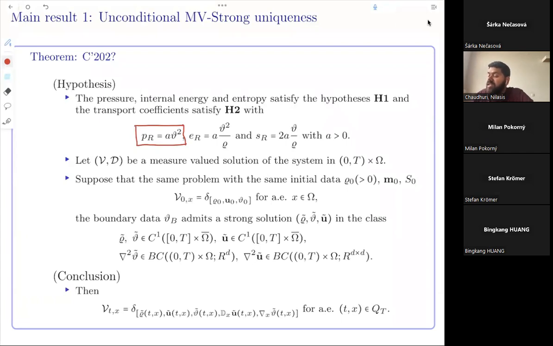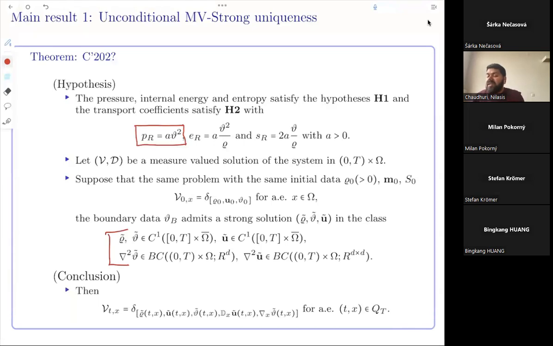And for this radiation pressure, we don't need any extra hypothesis. This is an unconditional result that we are able to prove: even if you have the same initial data and your strong solution has some additional regularity, then the Young measure eventually becomes the Dirac mass sitting at the strong solution. So this is very briefly just to announce this result.